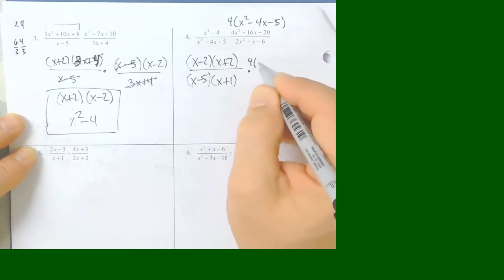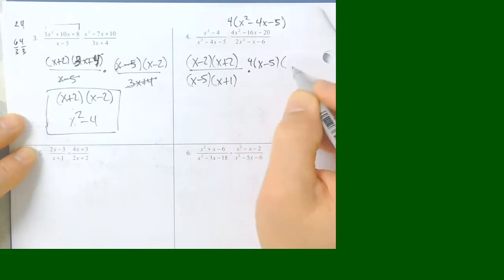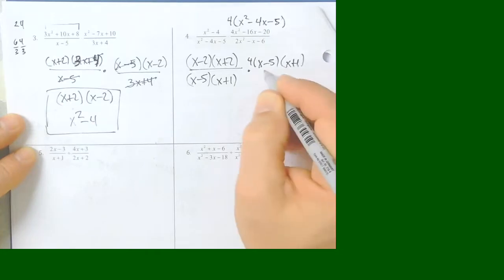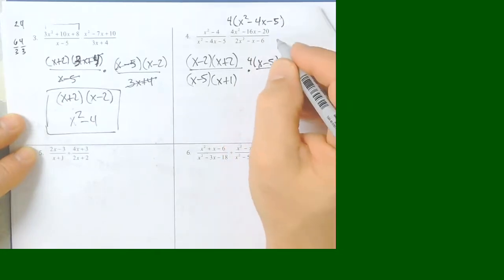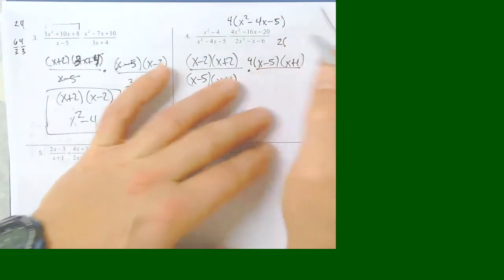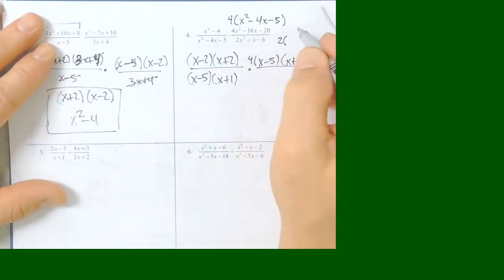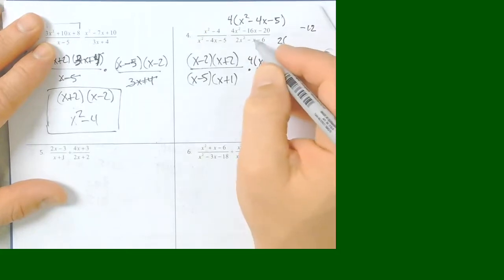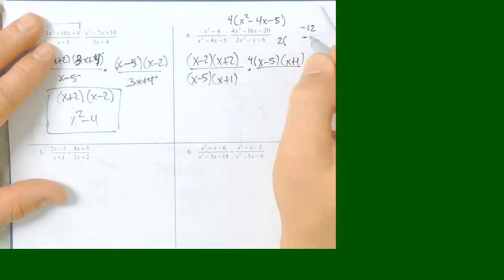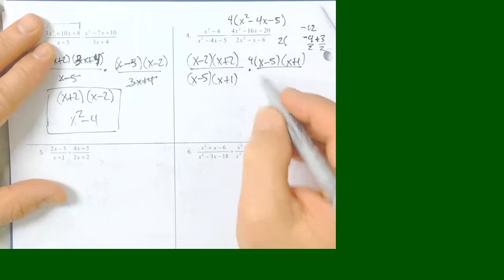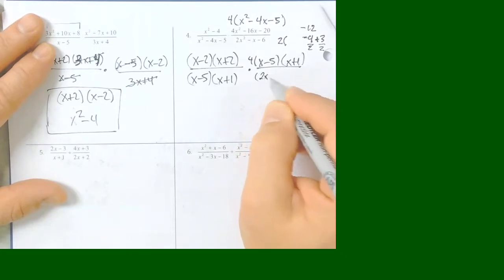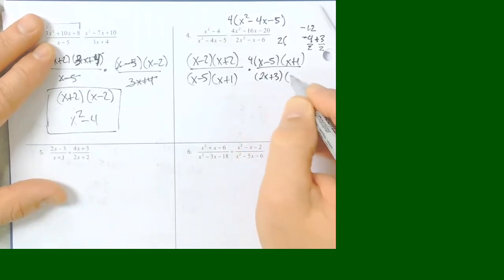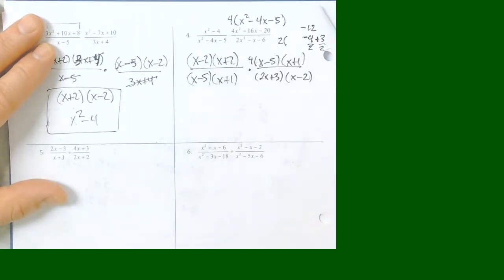But we'll factor it to x minus 5, x plus 1, and if I factor the 2 out here, I'll have, nope, I can't factor that 2 out, so I need to go what multiplies to negative 12 and adds to negative 1: negative 4, positive 3, divided by 2.